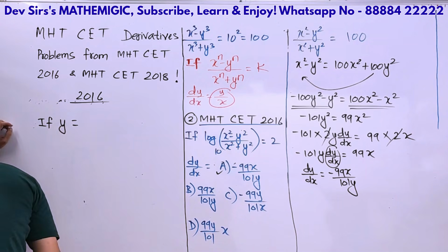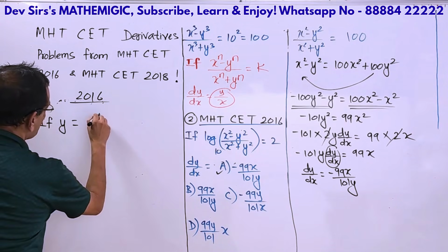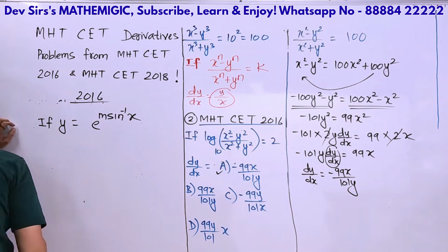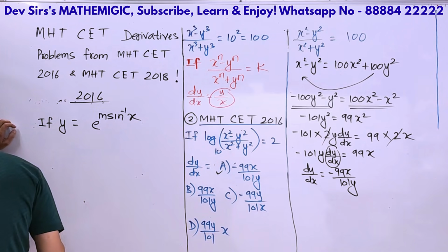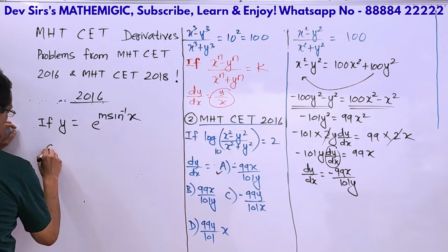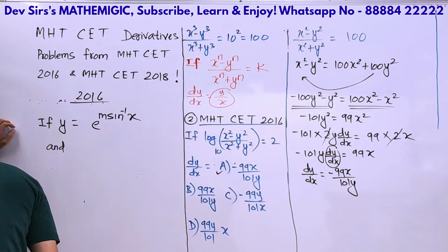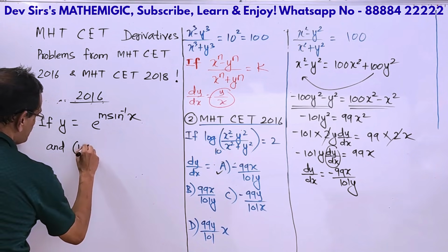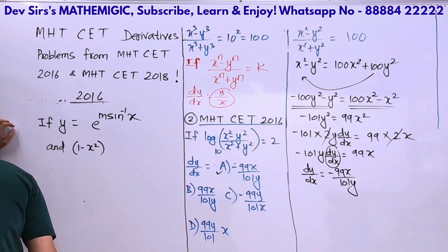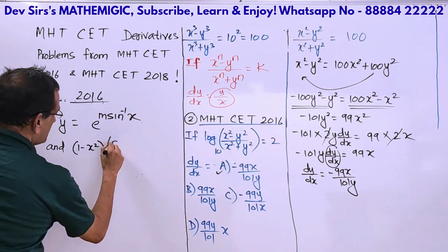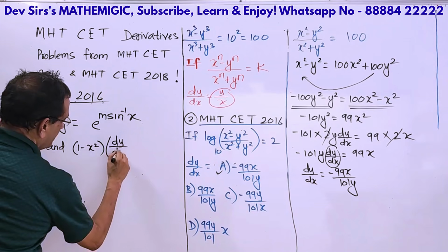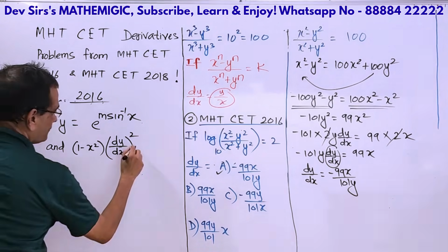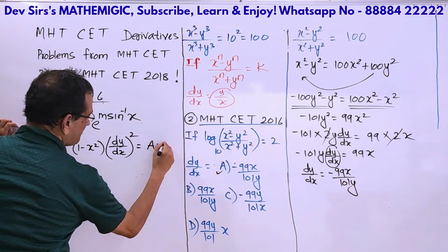If y is equal to e raised to m sin inverse x and one minus x squared into dy by dx bracket squared is equal to a y squared.